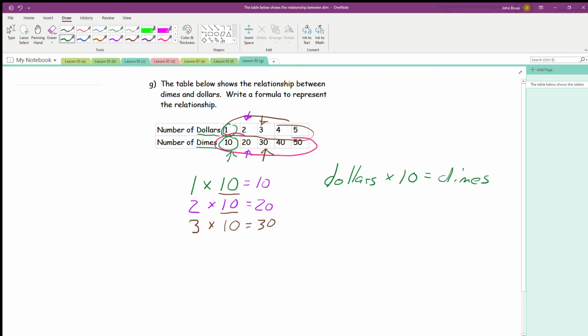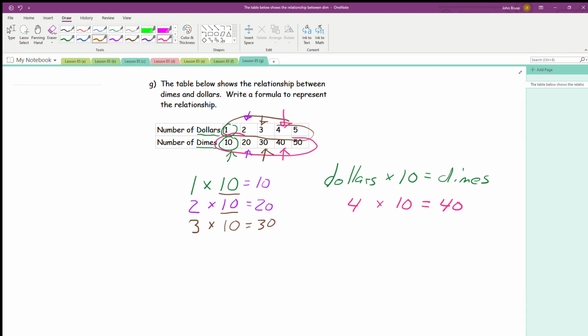So let's try it with another color. Let's try pink. Okay, we're going to work on this one here now. So we've got $4. If we multiply $4 times 10, we will get how many dimes? 40. And there it is, right there.